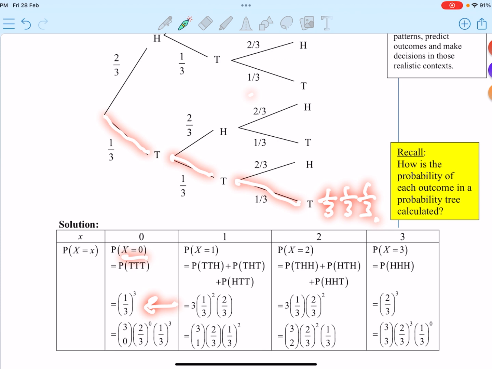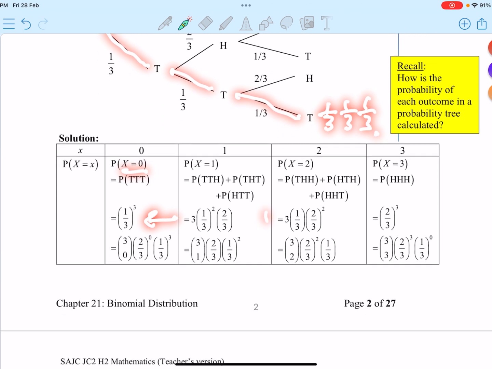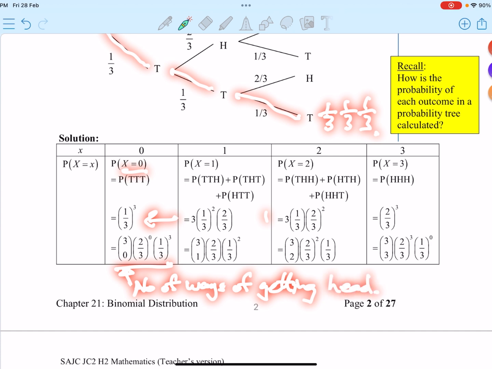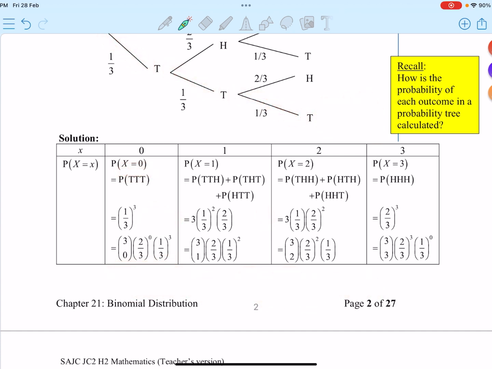This can be written in this form. 3 choose 0 means the number of ways of getting heads.